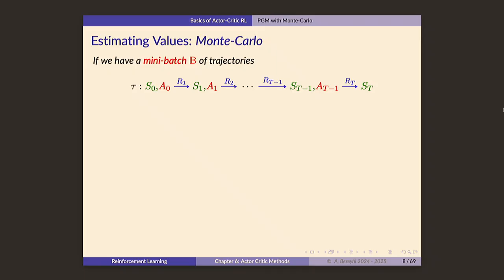Now, we can have a mini batch, right? And you can extend the same idea to a mini batch. You go over every single trajectory, you average on that trajectory, and that gives one average, then you can average it again over your whole batch. So for one trajectory, every single sample return that I have is one estimator of my value.